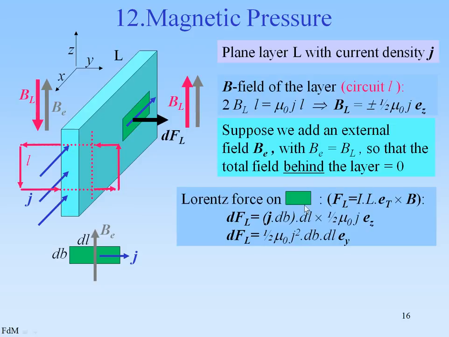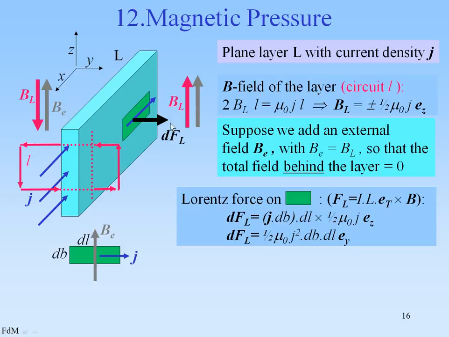This means that the Lorentz force on the green surface element, and the surface element here has a length dl and a height db, then the force element will be J times dB, is the current element, times dl is the length, times B, 1/2 of mu naught J times e_z. And the cross product here will be e_y along the y direction, and this is the expression for the force element.